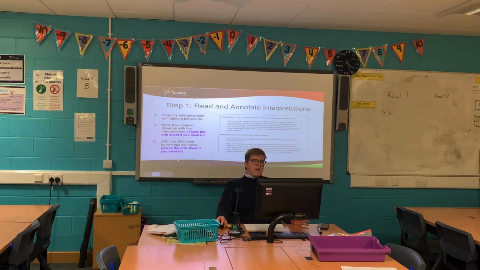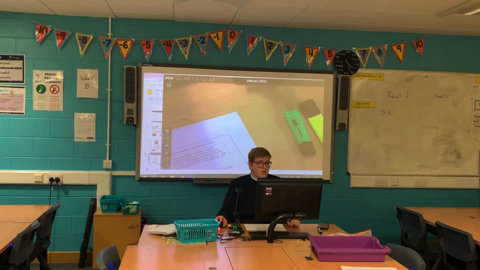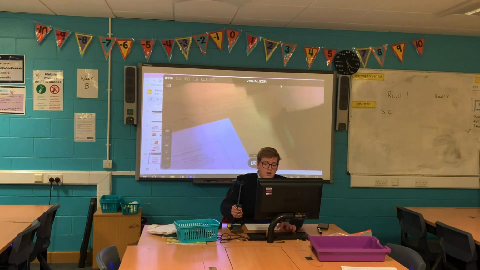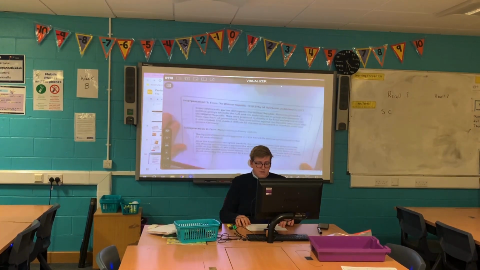So the step by step: read and annotate the interpretations. Annotate means to add detail to it, or to add detail of knowledge to it. First, we read the interpretation and we highlight key points. Then we say if we disagree or agree with the interpretation and why. So we'll start to do that now on the visualizer. Is there anyone who cannot see the visualizer?